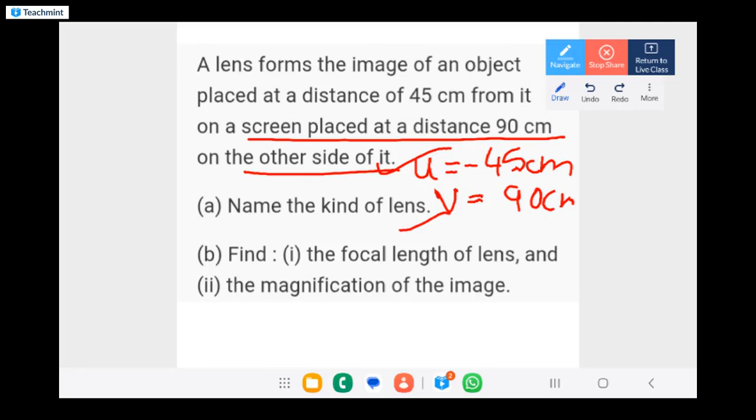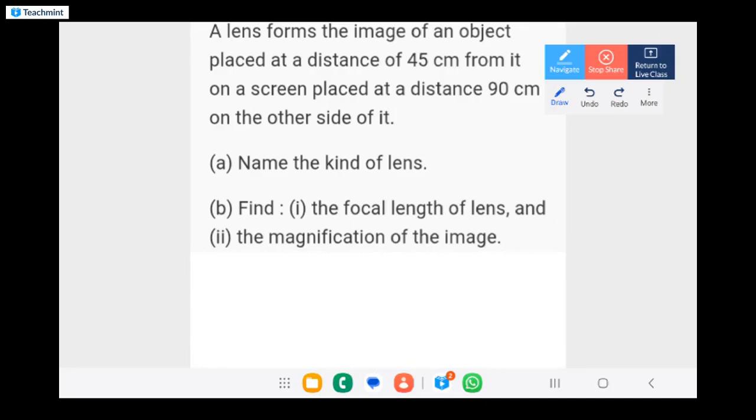Okay, so Rachel, tell me what is the lens formula? It's 1 by f is equal to 1 by v minus 1 by u. Okay, all right.